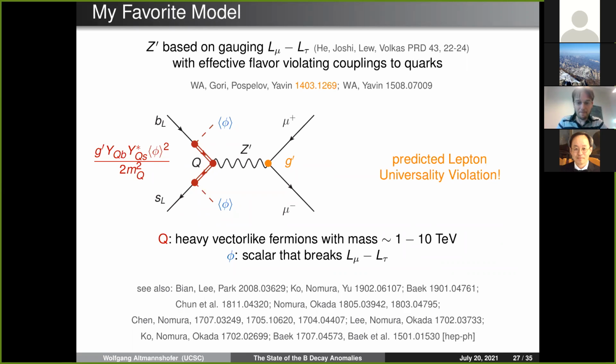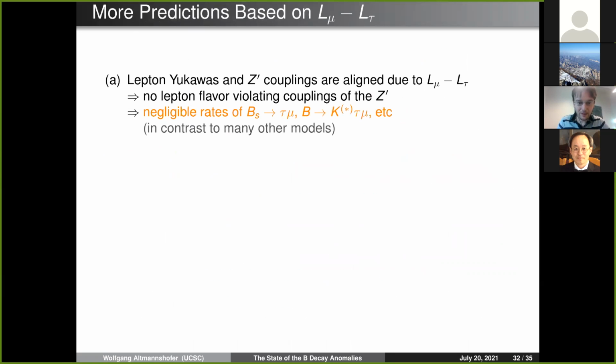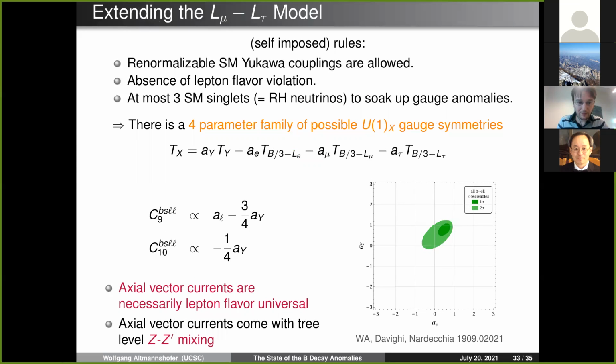Could you say a little bit more about this model? You just showed it briefly, but didn't have time to discuss it. For example, I was wondering if you could also accommodate a realistic Yukawa texture, with how many Higgs doublets and so forth. Okay, yeah.